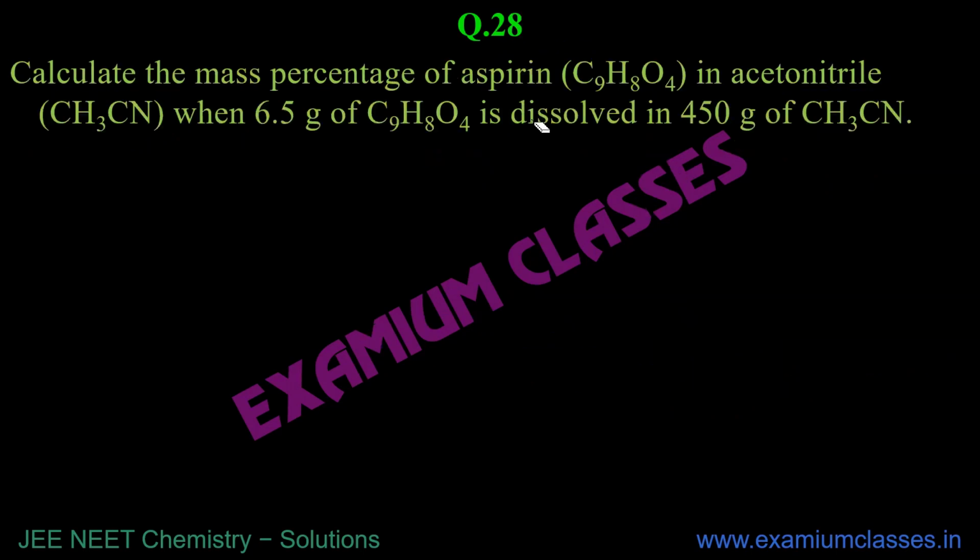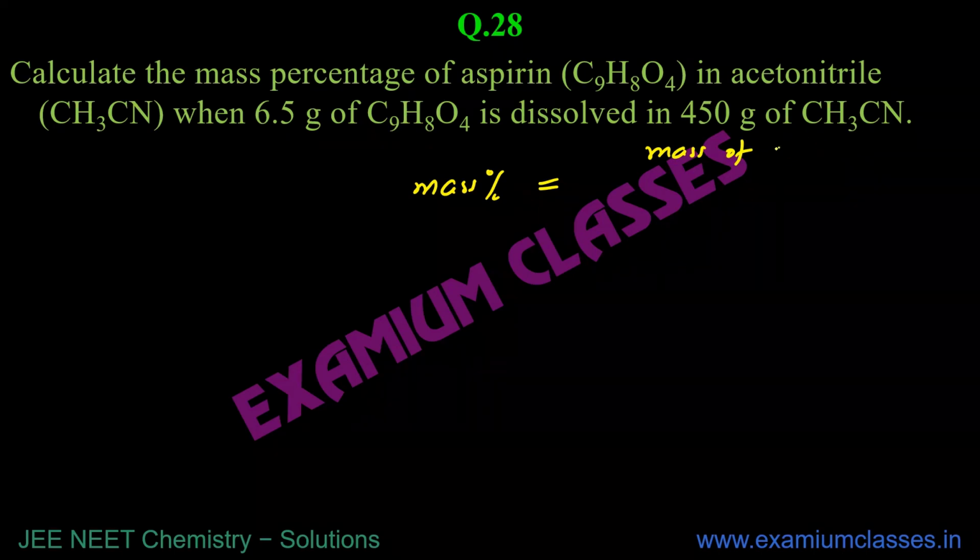Calculate the mass percent of aspirin in acetonitrile when 6.5 gram is dissolved in 450 gram. Now, I don't really understand why NCERT has put this as question number 28 when we have done very complex questions. This one is very simple, because the mass percent is the mass of solute, whichever we are talking about, mass percent of aspirin.